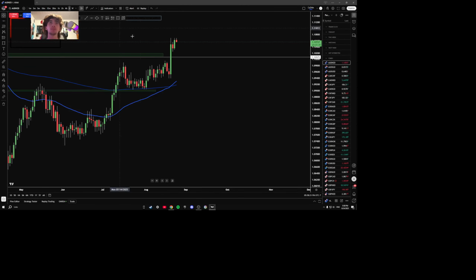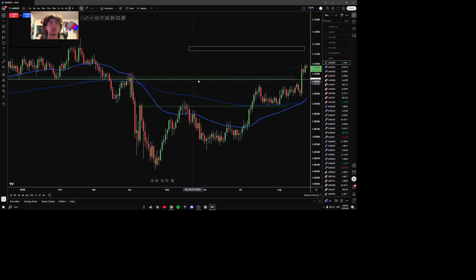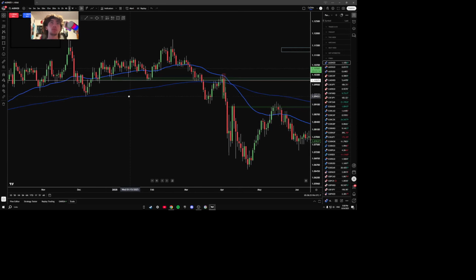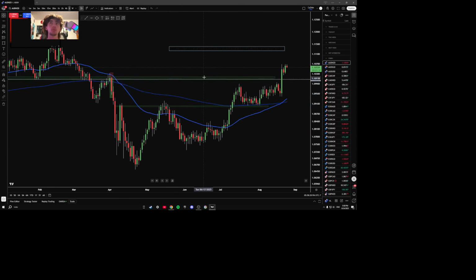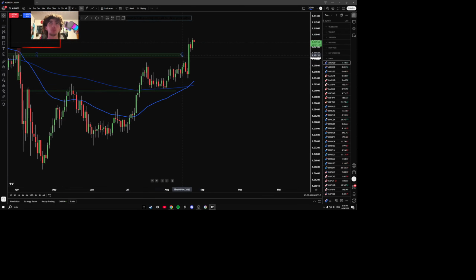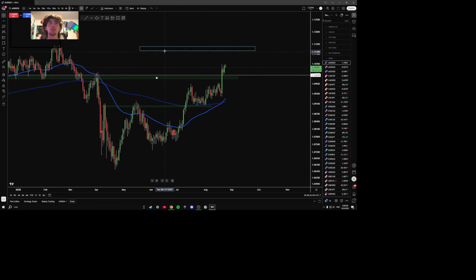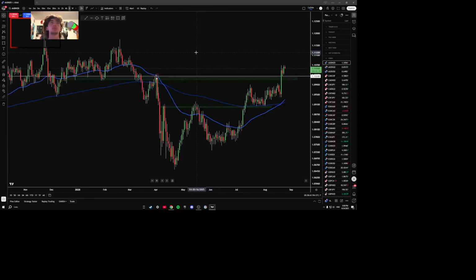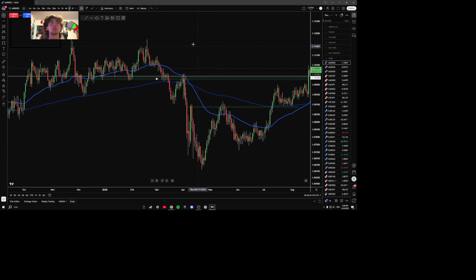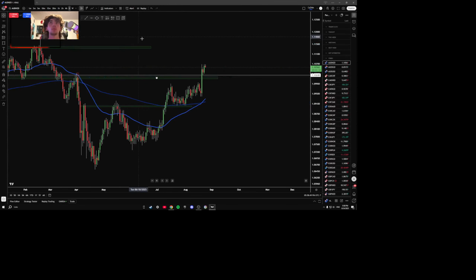AUD NZD. What do we got? Daily support. We broke out. We're gonna expect a retest to go long. And then we could short when it gets up here.